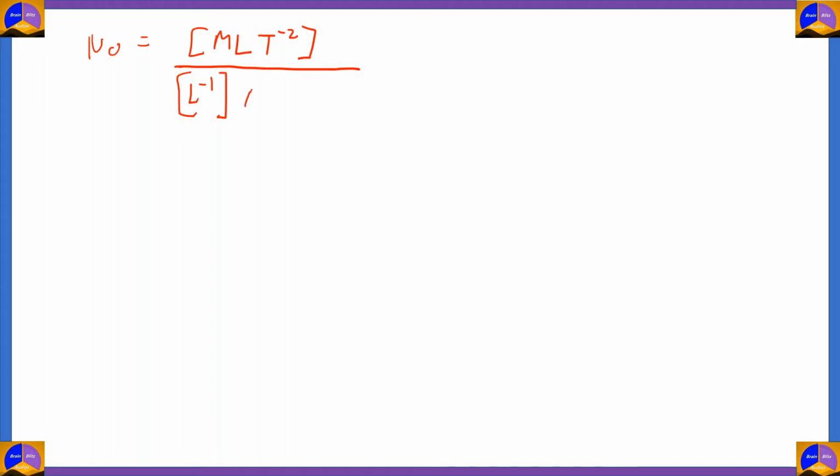And so that is A. Then charge is AT, because I is equal to Q by T, and so Q is equal to IT.